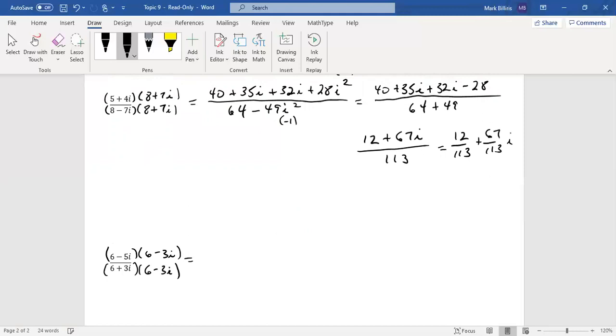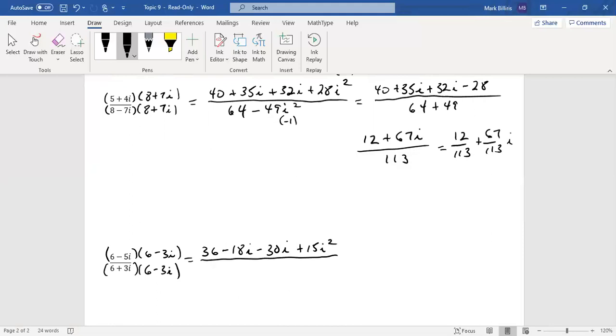Next, I want to use the distributive property in the numerator. So I multiply 6 times both terms, then negative 5i times both terms. So 6 times 6 is 36. 6 times negative 3i is negative 18i. Then I multiply negative 5i times both, and this gives me negative 30i. And negative 5i times negative 3i is positive 15i squared. In the denominator, shortcut.